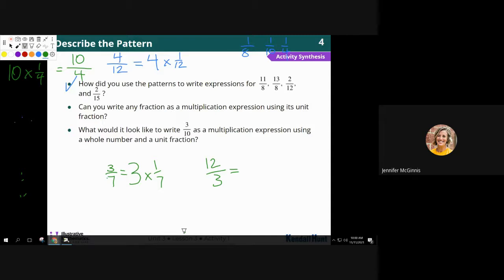First, you have to find out what is the unit fraction. What's your denominator going to be, Ethan? 3. What's your numerator going to be? Well, that's what you have. We're trying to write an expression. Your denominator is going to be 3.